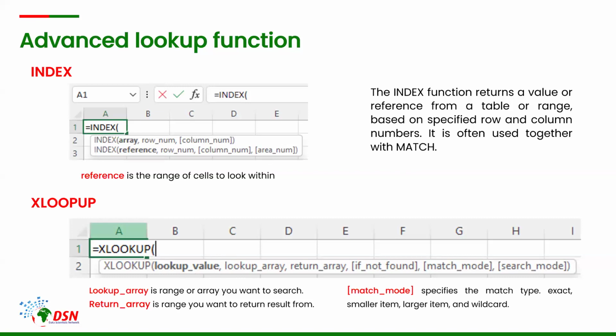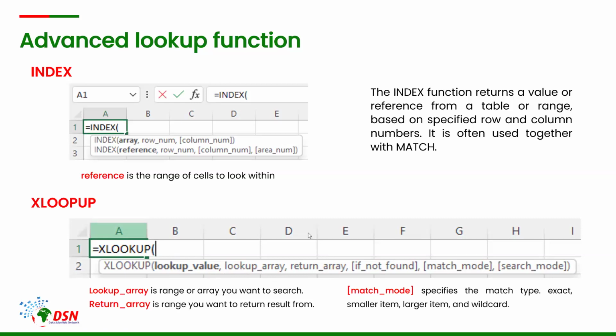The first argument it takes is the lookup value: what do you want it to look up? Then the next one is the lookup array: where do you want it to look? And then the third one is the return array: if I'm looking at this, which corresponding array should I check to print?